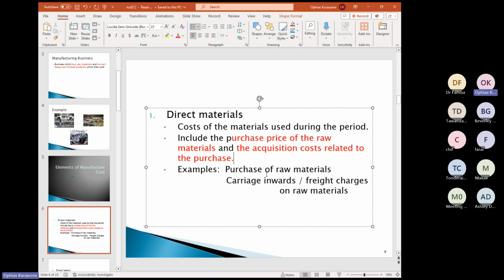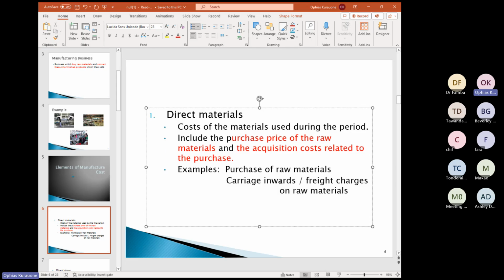Say you are a carpenter manufacturing with planks. You purchase raw materials, then sometimes you find that to transport those planks from Nyanga forestry to Harare, you need to pay a transport fee, that is carriage inwards, freight charges on raw materials. When you are transporting, you pay them.